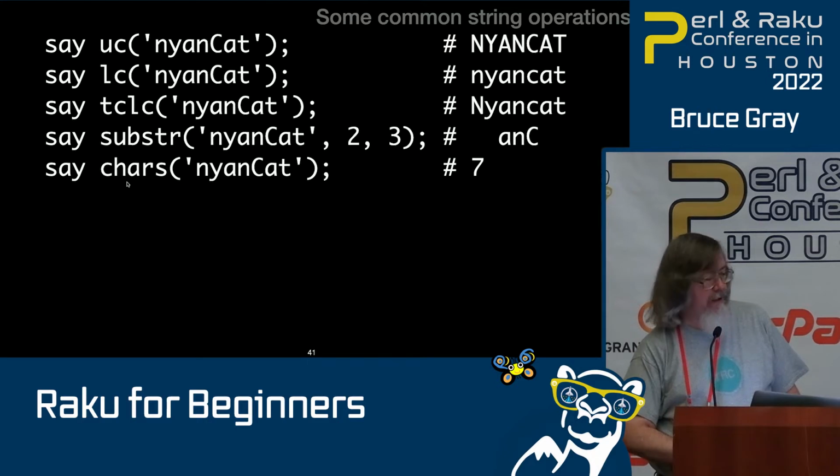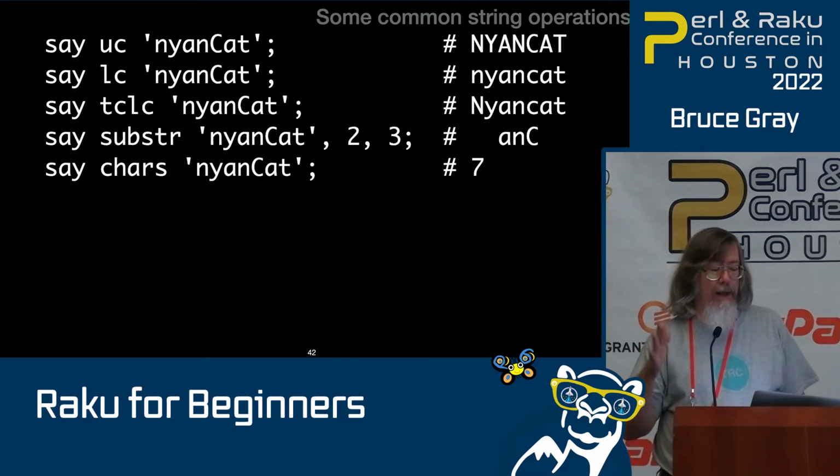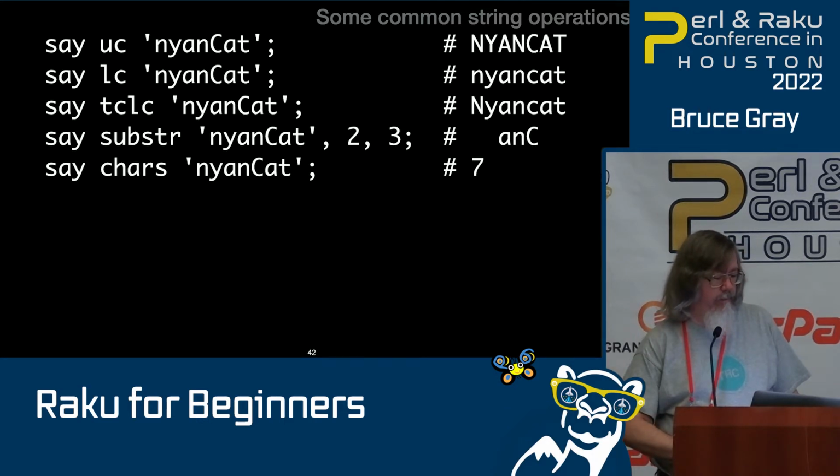And chars is our equivalent of length. You can omit the parentheses when everything to the right is an argument. You're used to doing that in Perl, but there's actually a syntactical rule for how that works now.